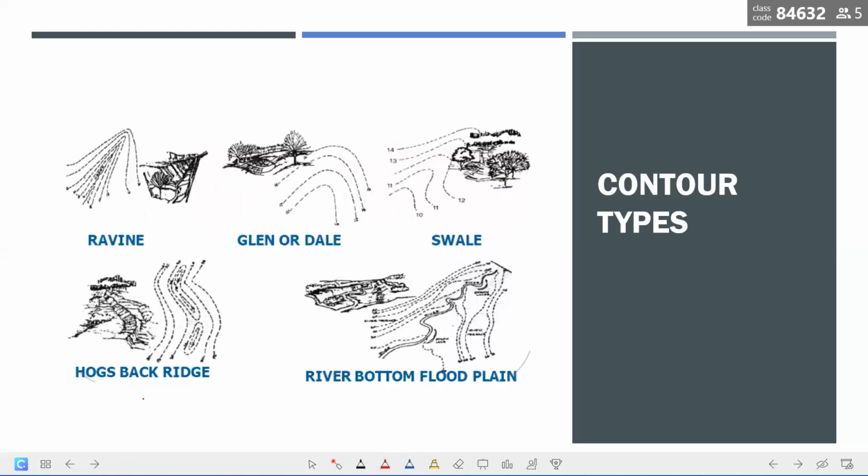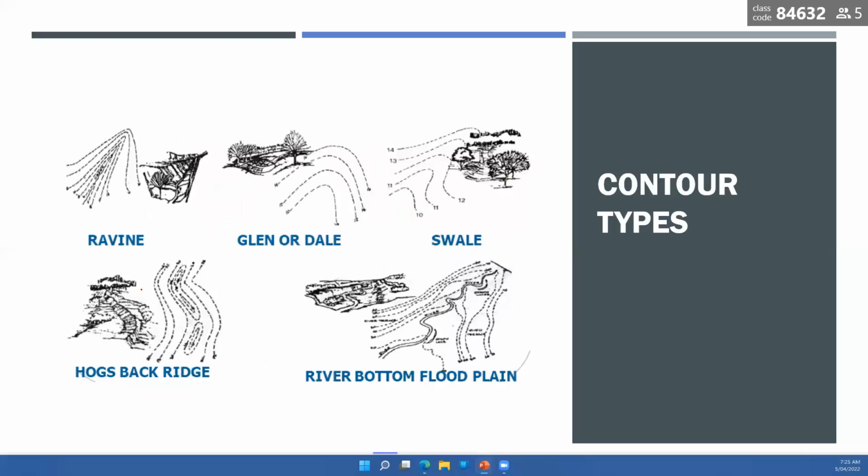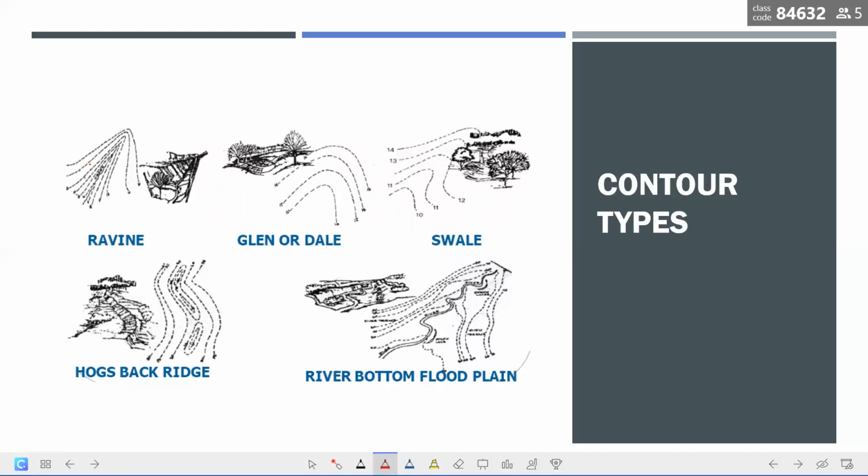Some more contour types. A sharp or steep valley, also known as a ravine. It could be a V-shape. It could be an inverted V-shape.